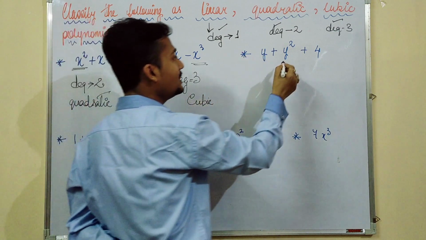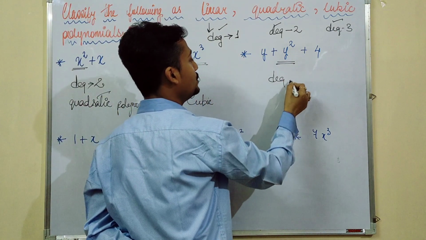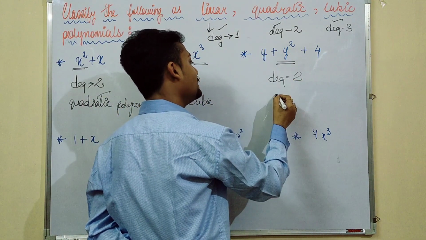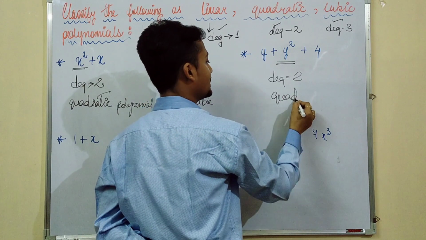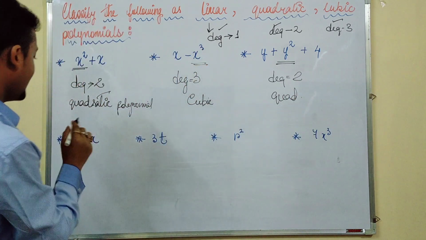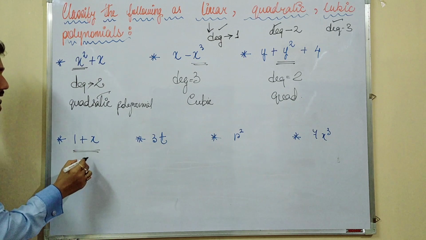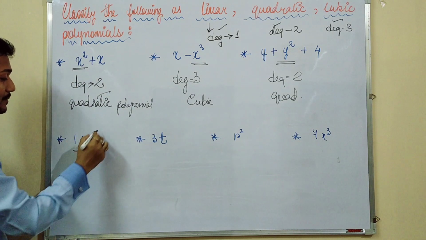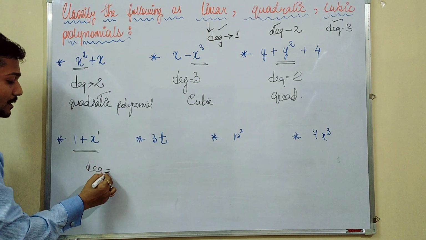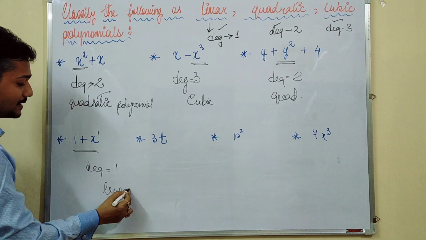Here the highest power degree is 2, so it will be quadratic. Last, here you see x plus 1, x means x to the power 1, degree is equal to 1, so it will be linear.